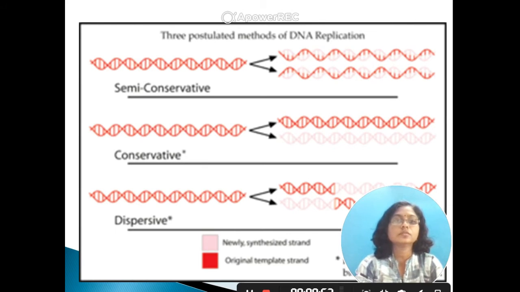Before knowing by which mode DNA replication takes place, we will be discussing the three proposed methods here. In the semi-conservative mode of DNA replication, the two parent DNA strands unwind and the new daughter strand is synthesized on the template DNA and are segregated in two daughter cells.